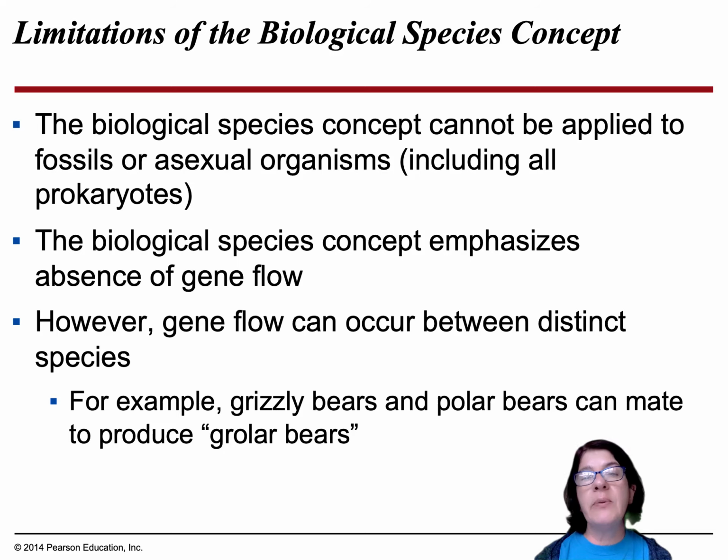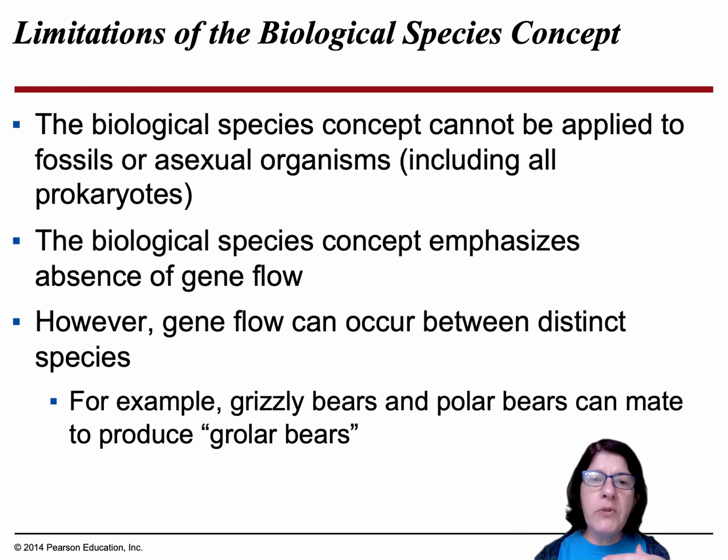So we cannot use that concept when classifying fossils as different species. The biological concept of species is also not applicable to asexually reproducing organisms, and that includes all prokaryotes, all types of bacteria. So we just cannot define a species using those same concepts.